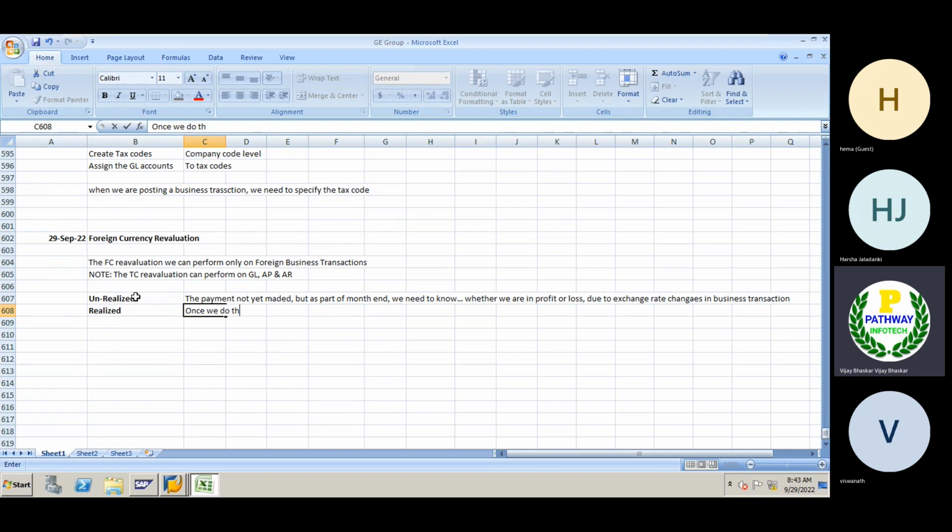Then unrealized gain is there, unrealized loss is there. I will explain in detail with a real time example.